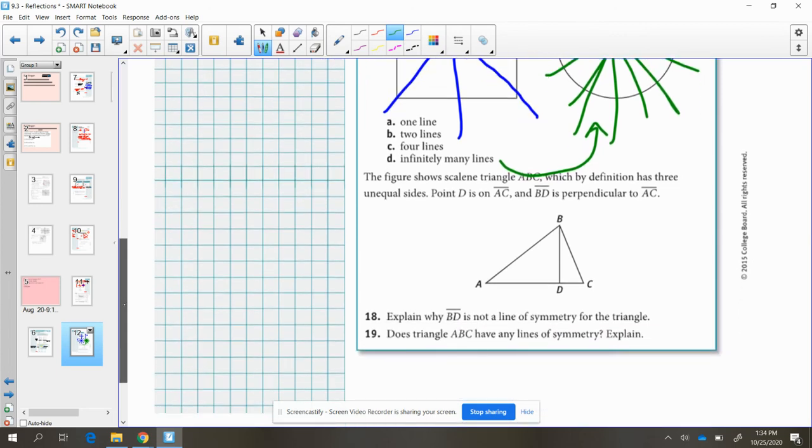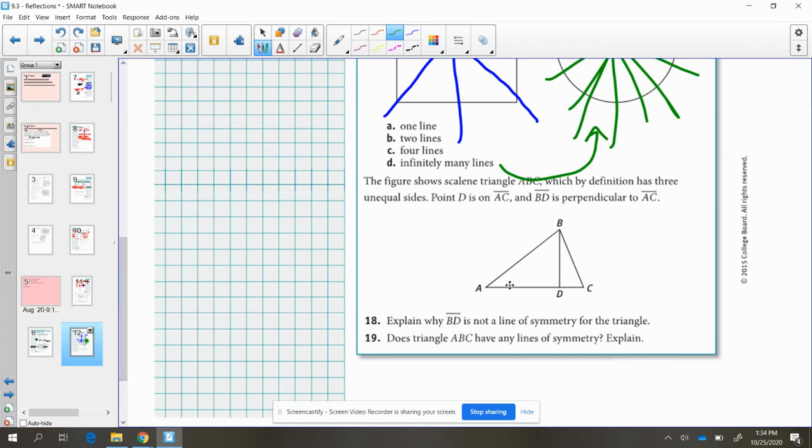All right, this last question here is dealing with why, when we look at this figure, BD is not considered the line of symmetry. Well, we tried to make this the line of symmetry, and for instance, we drew in AB.